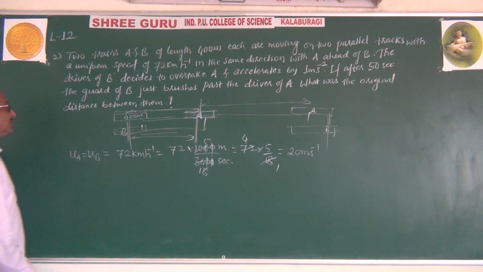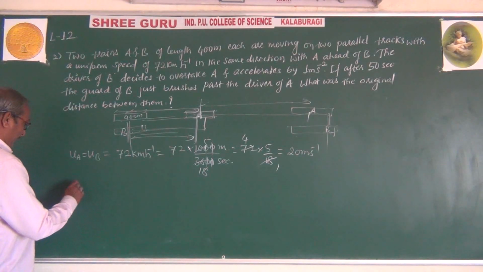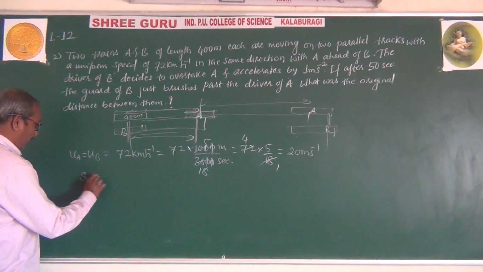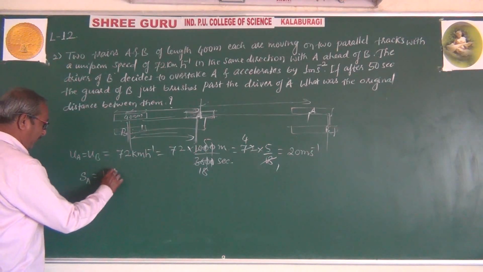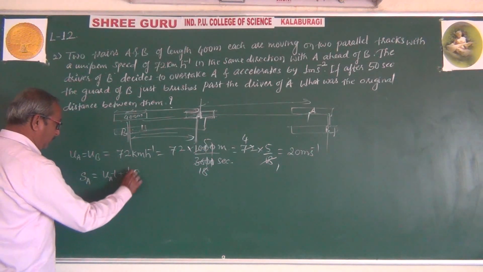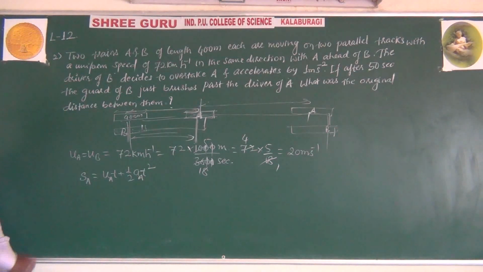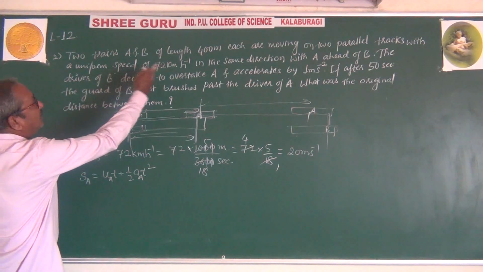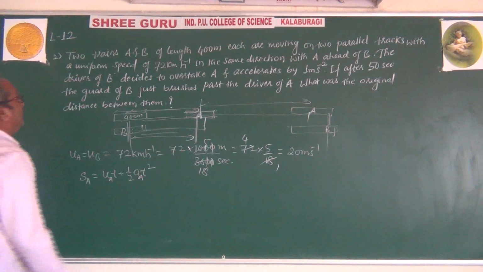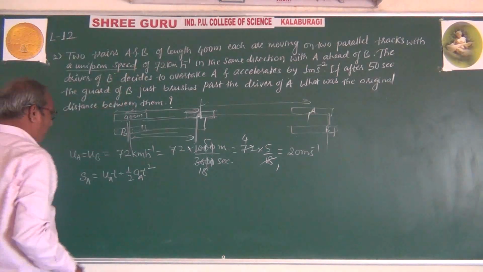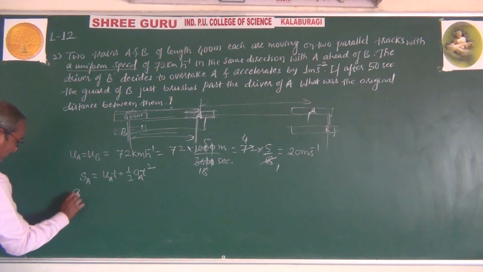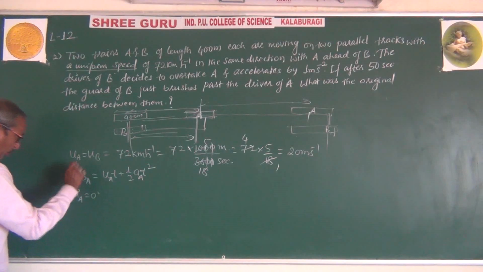Now the distance travelled by the train A, that is S of A equal to U of A into T plus 1 by 2 A of A into T square. Train A is moving with uniform speed, which means the acceleration of A is 0.